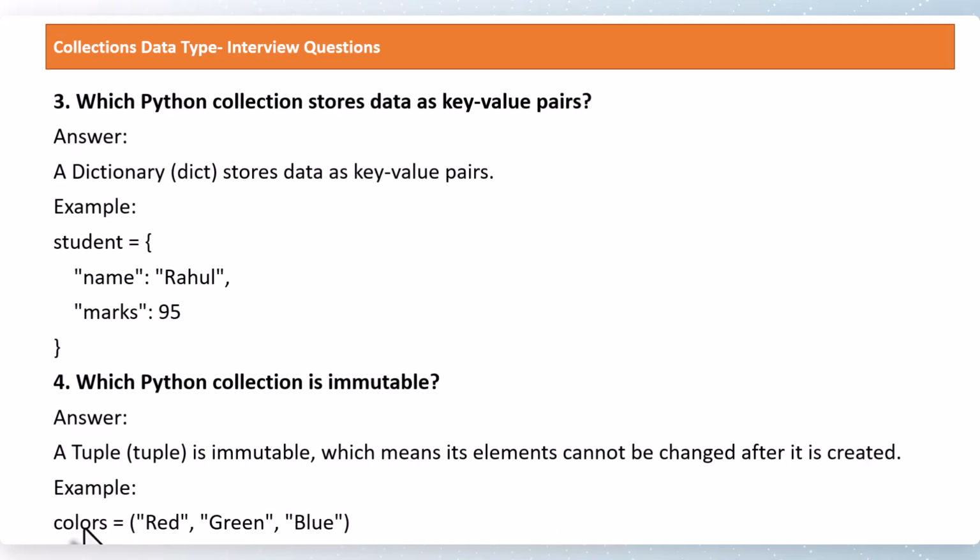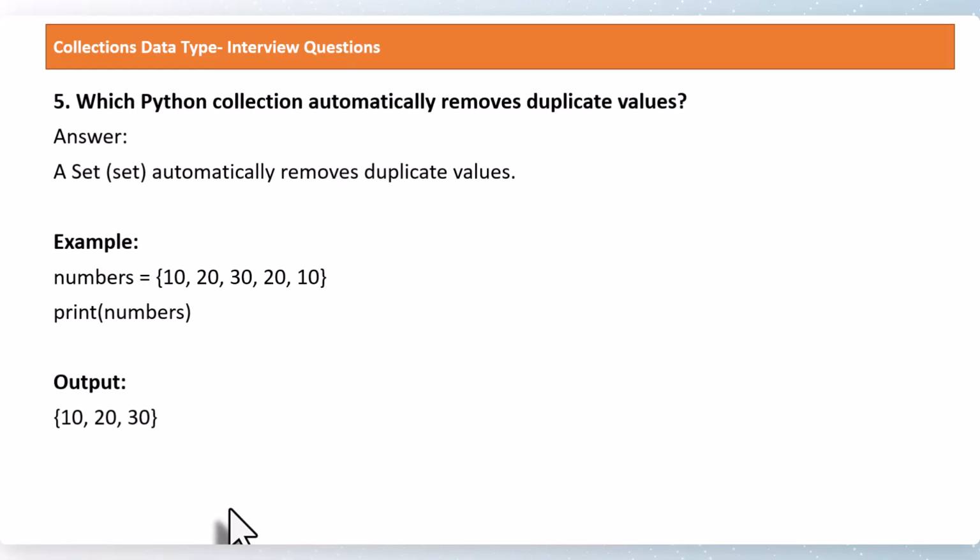For example, colors equal to parenthesis of red, comma green, comma blue, parenthesis close. So this is a tuple which is immutable. Which Python collection automatically removes duplicate values? A set automatically removes the duplicate values. We have given an example also.